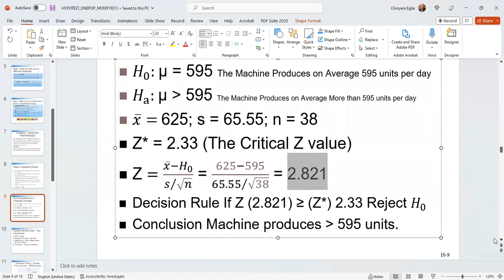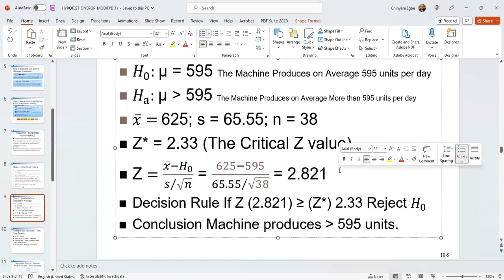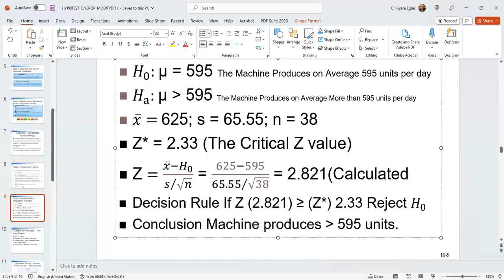And so the decision rule for us to reject or not reject the null hypothesis is if Z is greater than Z star, we reject the null hypothesis, okay? If the calculated Z is greater than the critical Z, so I'm gonna label this again. So we're gonna call this the calculated Z, okay?